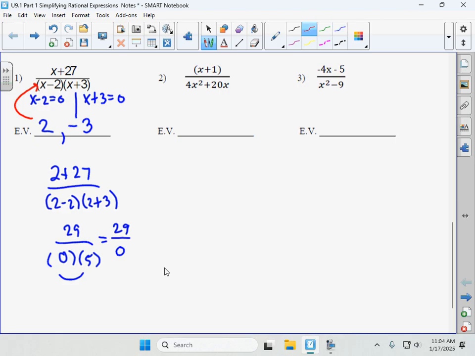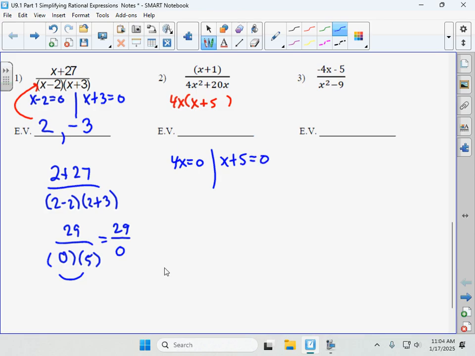All right, number 2. We have to look at the denominator. It's not factored, so we have to factor it. Here we can see there's a GCF we can pull out first, 4x. Dividing by 4x, we would be left with x plus 5. Now we can set 4x equal to 0 and x plus 5 equal to 0.